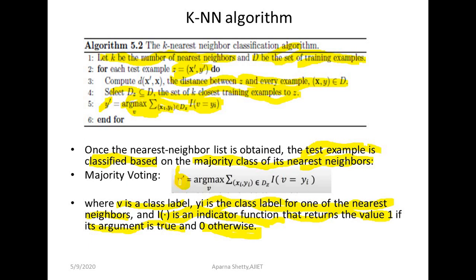Once you have selected the nearest neighbors, they will have class labels, and this formula is used to calculate the majority voting of the nearest neighbors. The indicator function returns 1 if its argument is true, or else it returns 0. So using this formula we calculate the majority voting of the class label, and that class label we assign to the test record.